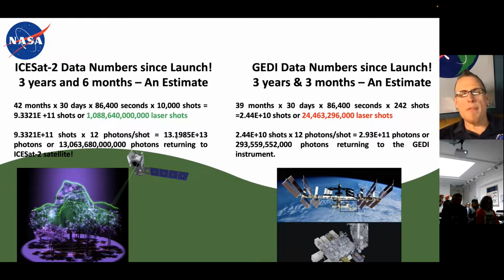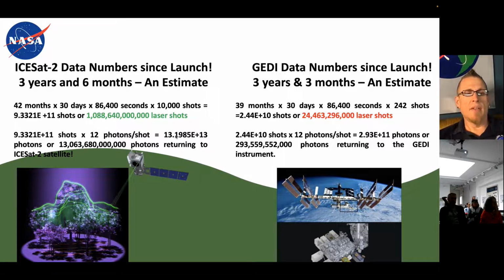And then the last part of this with the satellites, as you can see, we're getting a lot of amazing numbers. We've taken over 1 trillion laser shots from ICESat-2, and almost 25 billion from GEDI. The number of photons that return to the satellite translates to data points.